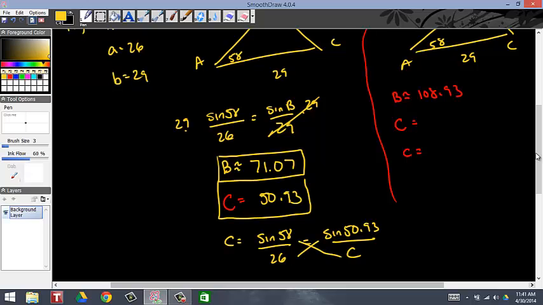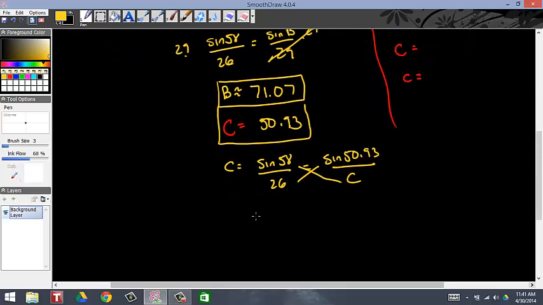So you get C equals 26 sine 50.93 divided by sine 58. I just skipped a step on that one, so hopefully you guys are able to follow it. 26 times sine of 50.93 divided by sine of 58. Okay, little c on the left triangle is equal to 23.80.